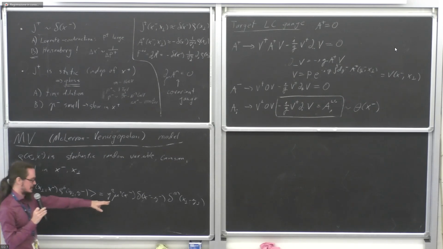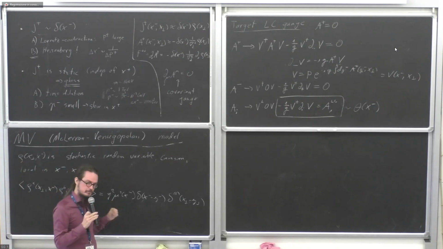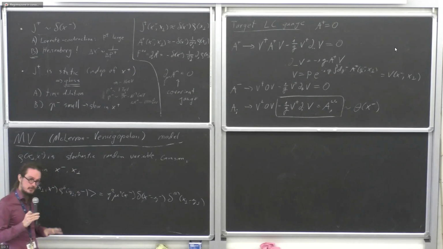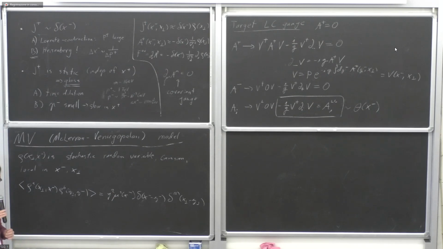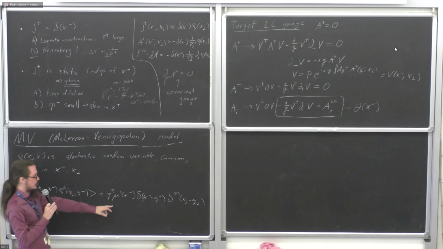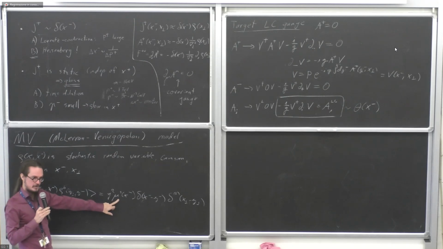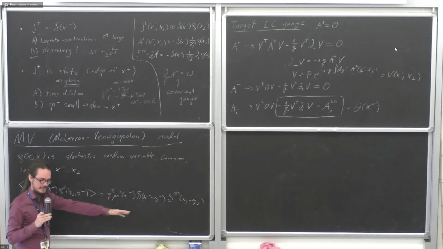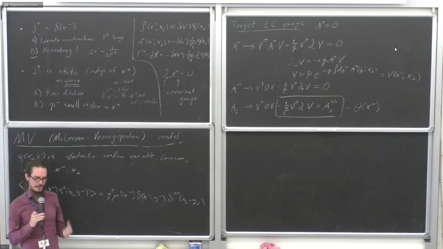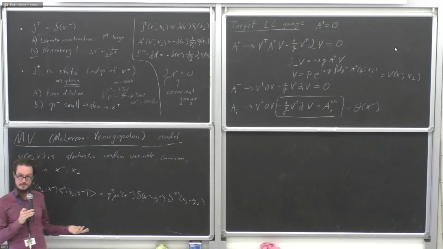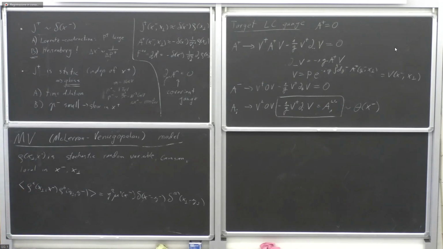Here it looks like there's an arbitrary function, but when we're doing eikonal high energy calculations, anything that you typically calculate only depends on the integral of this function over x minus. So this is why, in the end, when the dust settles, there's one unknown parameter which you have to fix to something, and then you have a predictive model for something else.